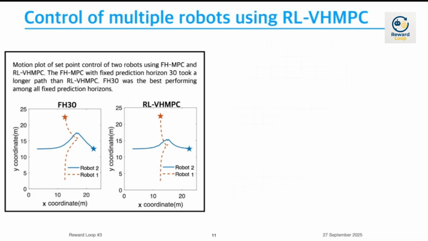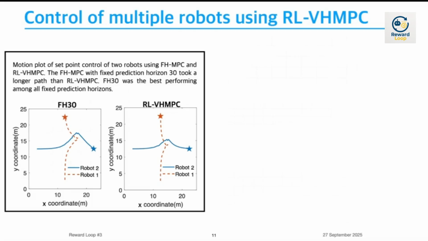Next, we move to multi-robot system, and we see an interesting result over here. You see two plots. Two robots are trying to do a diagonal position exchange task, and this is deliberately done in a way so that they meet at a midpoint and there are some collision situations. The best performing fixed horizon was fixed horizon 30, and you see it takes a longer path.